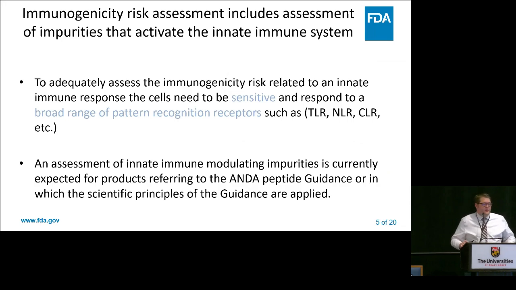And to adequately assess the immunogenicity risk related to the innate immune response, the cells need to be sensitive and respond to a broad range of pattern recognition receptors, such as TLRs, NLRs, CLRs, as well as others. An assessment of innate immune modulating impurities is currently expected for products referring to the ANDA guidance, peptide guidance, or in which the scientific principles of the guidance are applied.